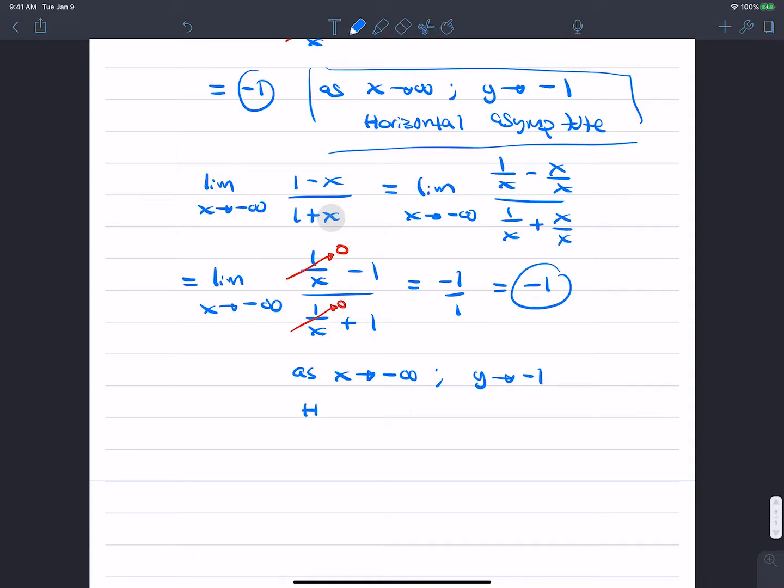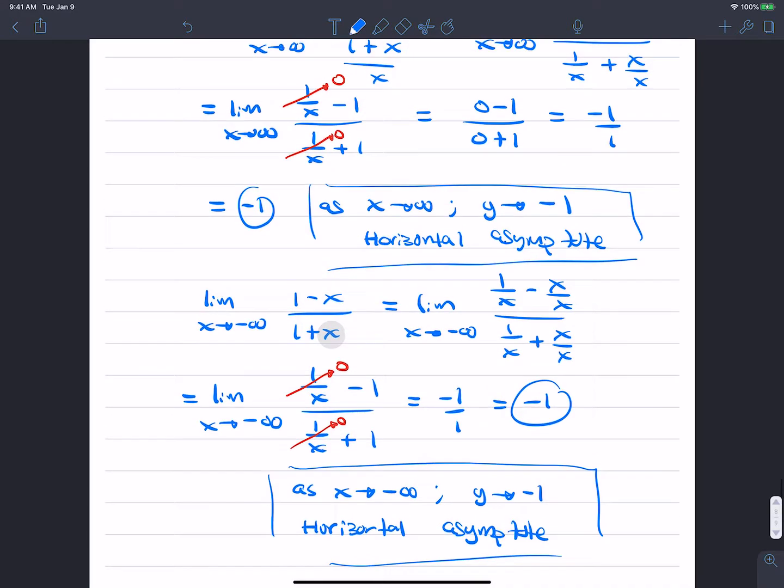Okay, this again is your horizontal what? Asymptote. There's your limit here. So we found the asymptotes.